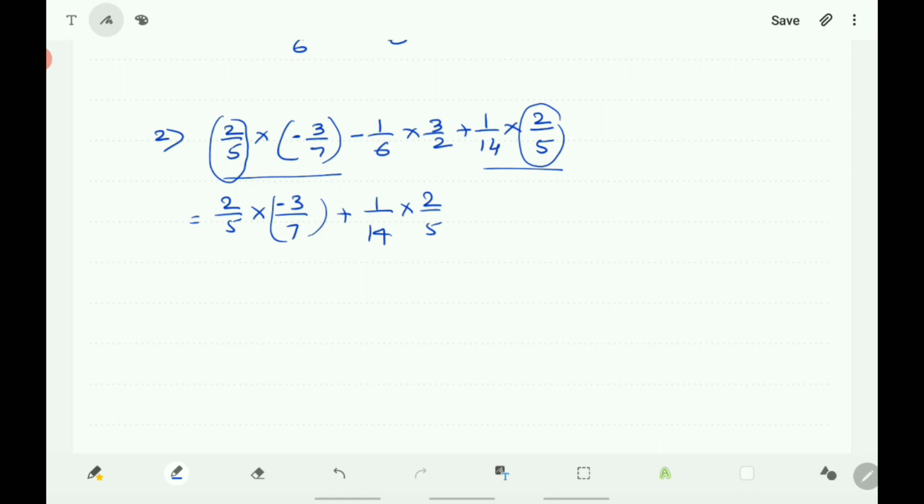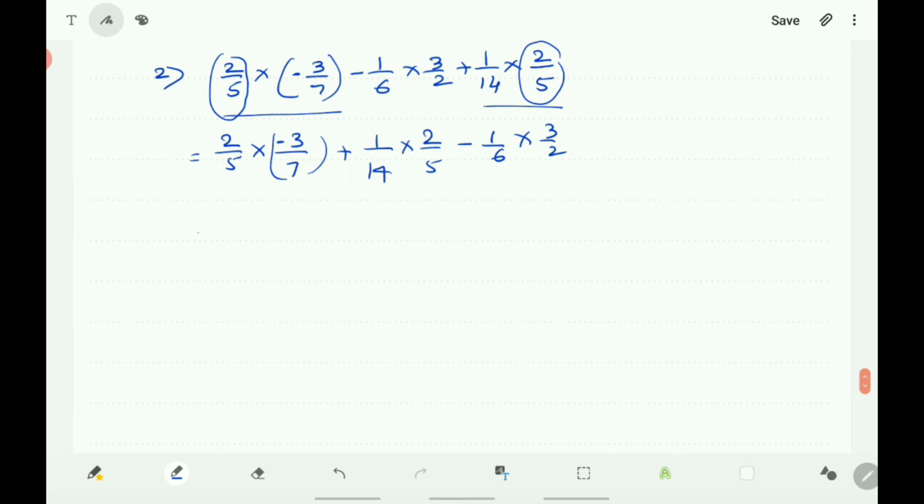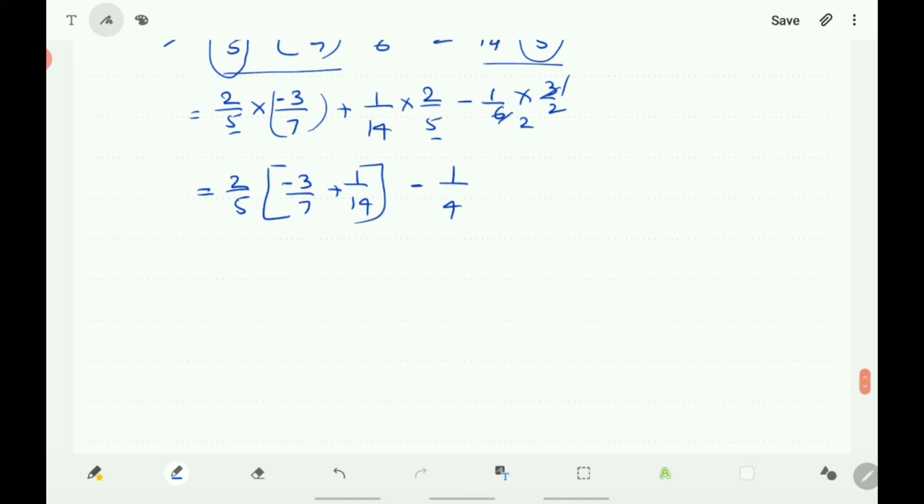Then you take this minus 1 by 6 into 3 by 2. Now here you can remove 2 by 5, and in the bracket minus 3 by 7 plus 1 by 14 it is. Then 3 1s are 3, 2s are, it becomes minus 1, 1s are 1, 1 by 4.